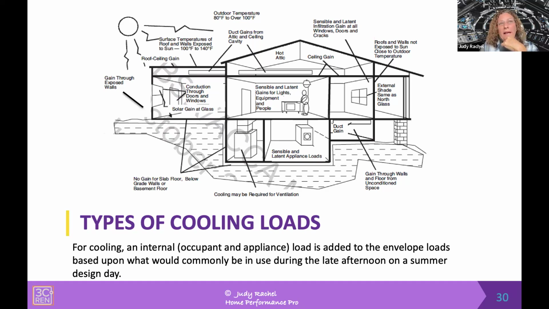Is mom or dad or whoever's doing the cooking going to decide that that's when they should put a turkey in the oven to roast for 5 hours? So we need to think about what it is that we are putting those loads in for. And therefore, anybody who is home, what rooms are we going to be putting those loads in for?